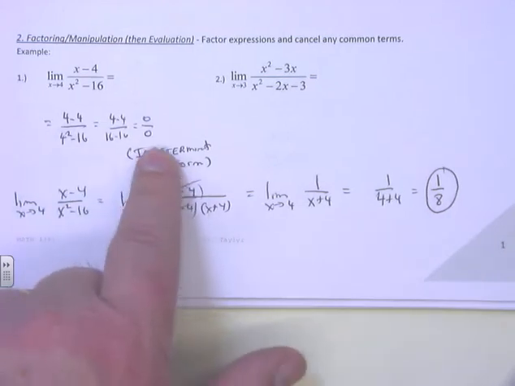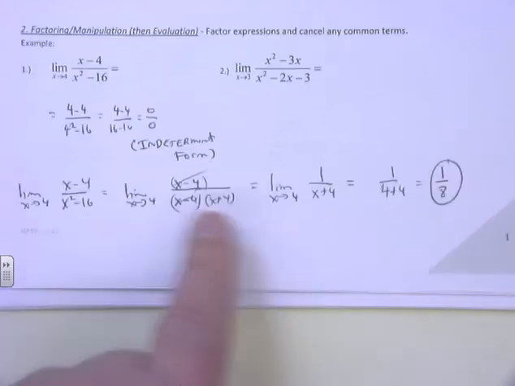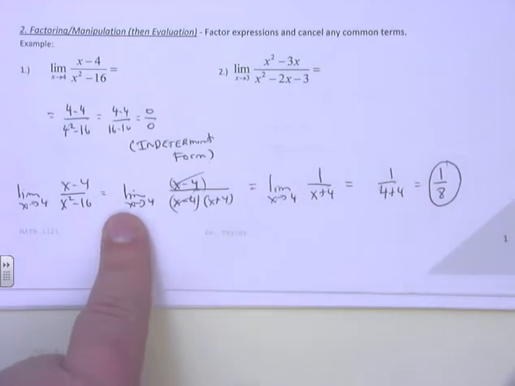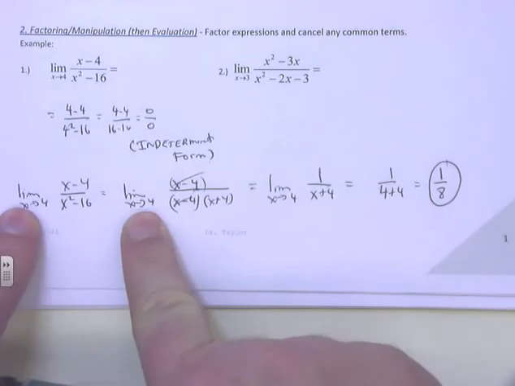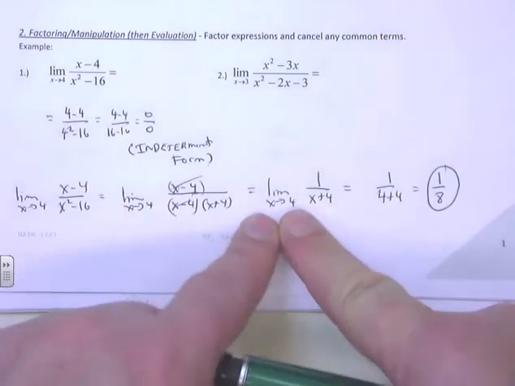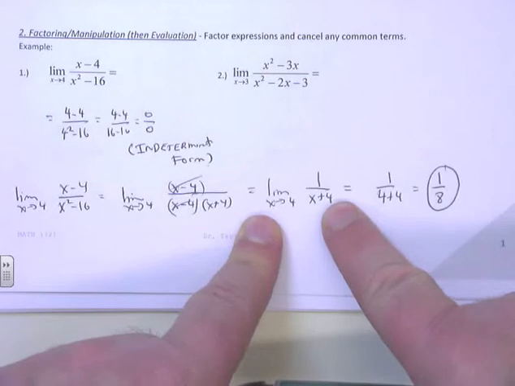But once I had 0 over 0, I went back and wrote up the problem. Limit as x approaches 4 of x minus 4 over x squared minus 16. Then I did algebra on that. But I continue to write limit as x approaches 4 in front of each algebra step that I did. And then the x minus 4's canceled. I wrote limit as x approaches 4 of, when you clean it up, 1 over x plus 4.